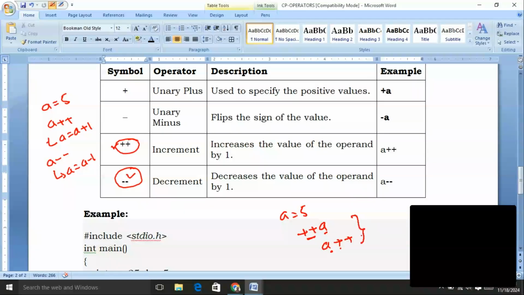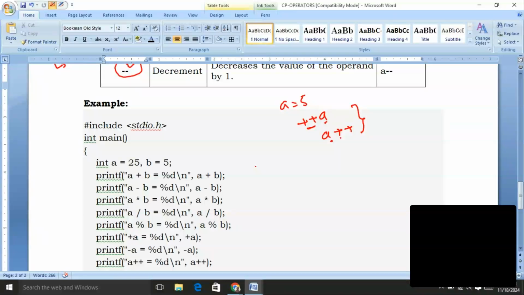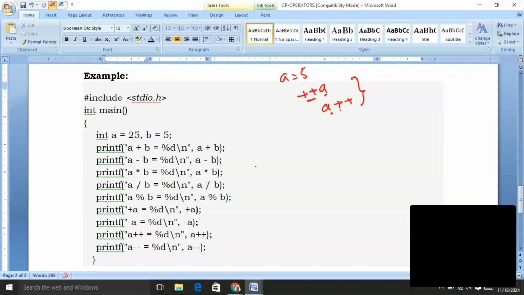These two values may not be the same. So to demonstrate, I am also writing a program here. Here I consider a plus b, a minus b, a star b, a slash b, and modulus, and a plus plus and a minus minus.